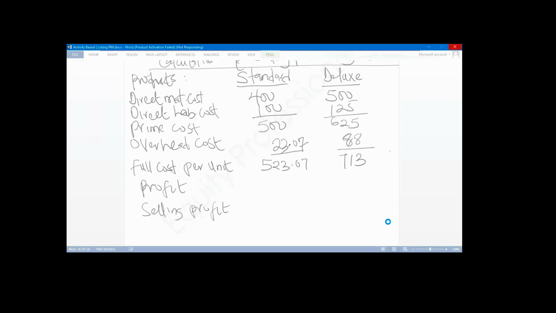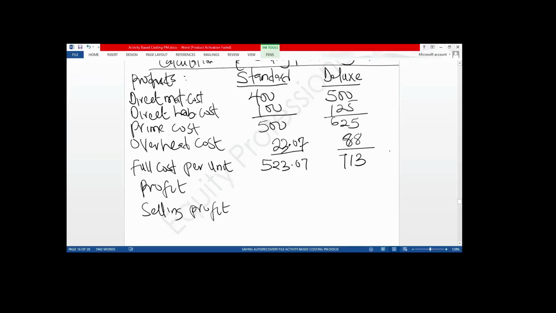So I will just gross up my cost from 80% to 100%. 20% of our sales price is profit. That means 80% of our cost is part of our selling price.